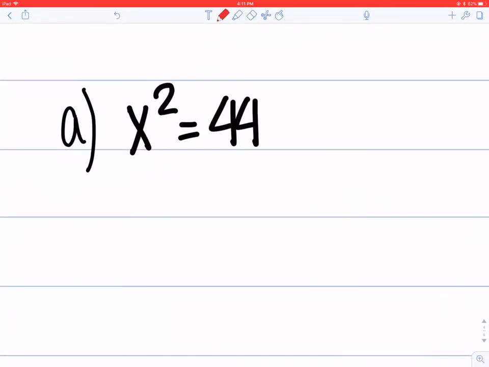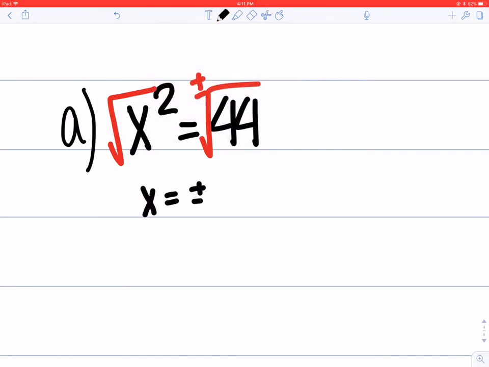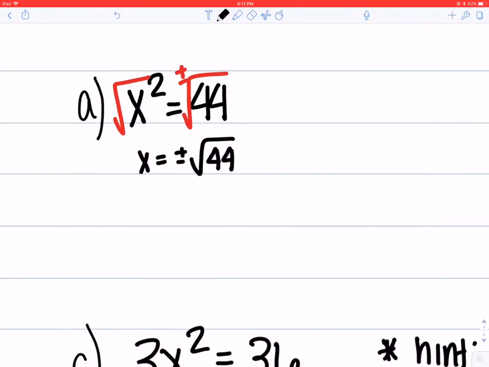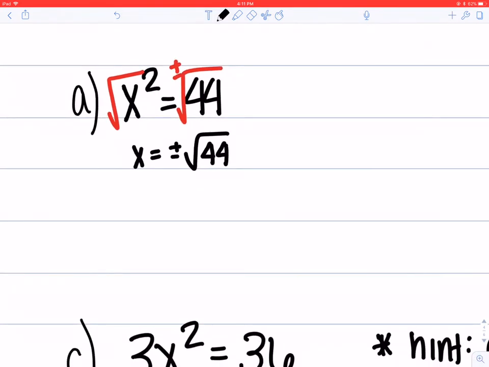So first example, you've got x squared equals 44. The square's already by itself, so I'm going to go through and square root both sides. Don't forget the plus or minus, so I'll have x equals plus or minus the square root of 44. Now, just like I did back in the last chapter, I always have to simplify radicals.